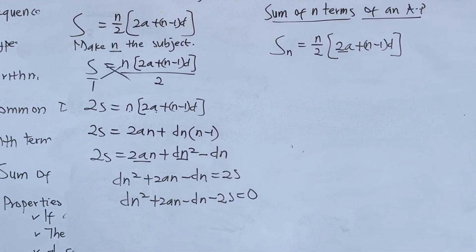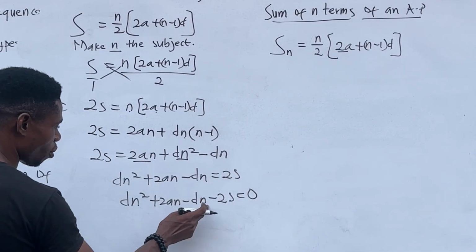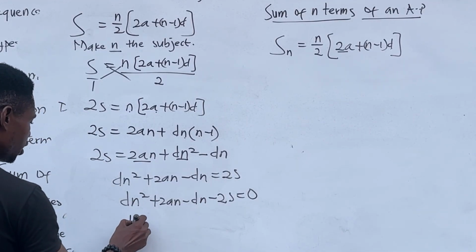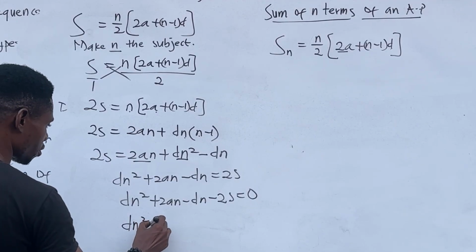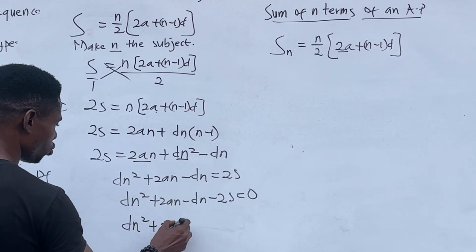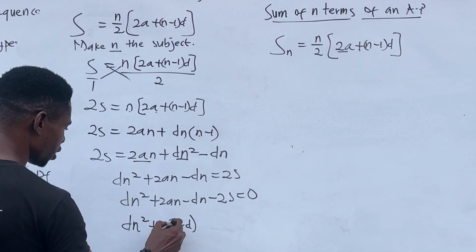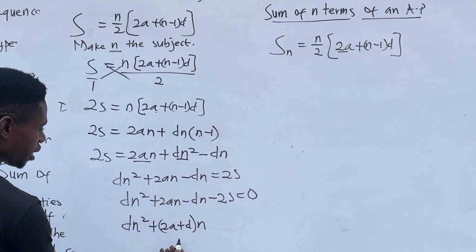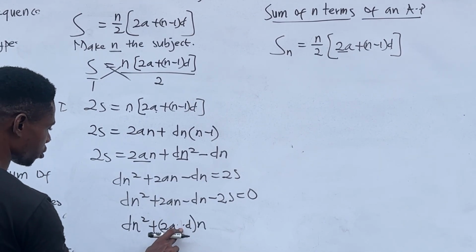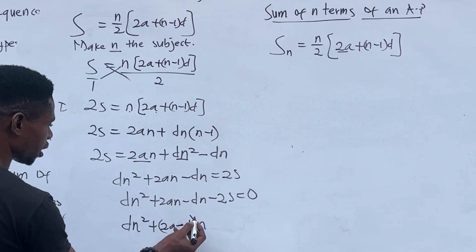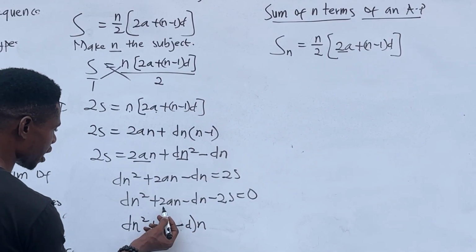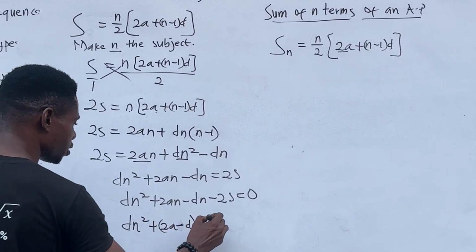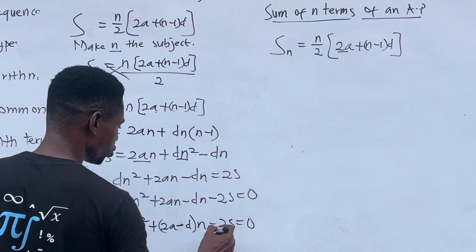Good. So from here, if we collect n as common, this will give us dn squared plus (2a minus d) into n. Sorry, this is minus d. Now n multiplied by 2a, that's 2an, right? Minus 2S equals 0.